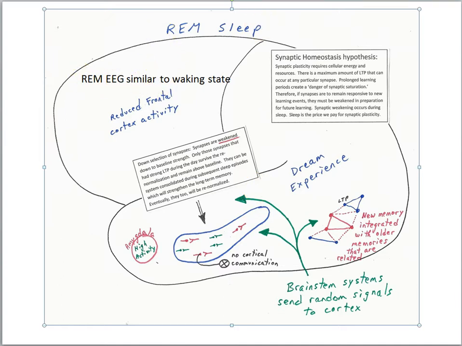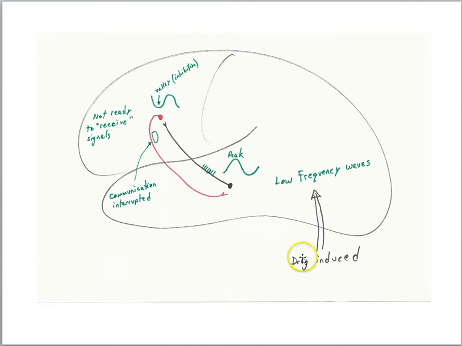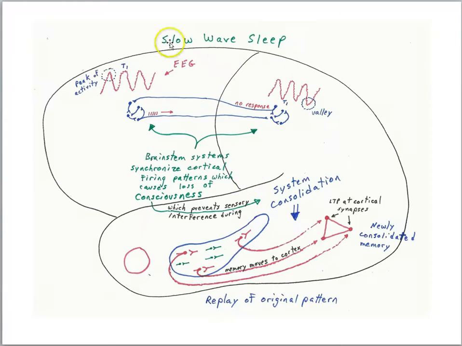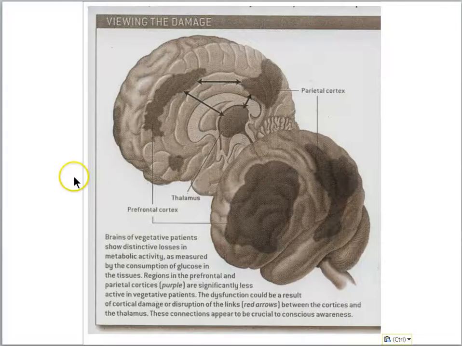But when the cortex is caused by drugs to enter into that synchronized pattern, low frequency waves, or slow wave sleep, low frequency waves, we get a loss of consciousness. So it suggests that cortical desynchronization is required for consciousness, and synchronized cortical activity is causing a loss of consciousness.